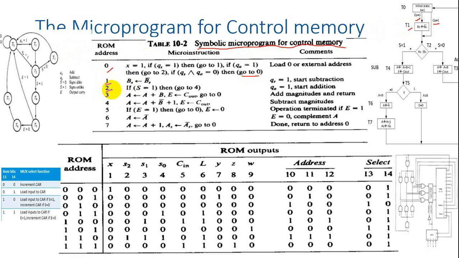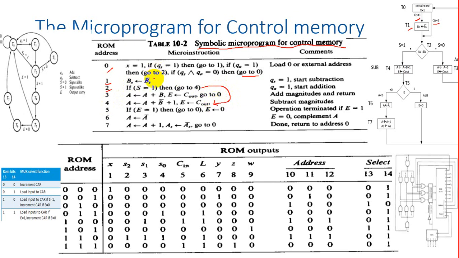At T2, what do we do? At T2, if S equal to 1, we go to T4, and if S equal to 0, we go to T3. If S equal to 1, then go to T4. If S equal to 0, we don't need to write it, because if the condition is true, then we come to T4.